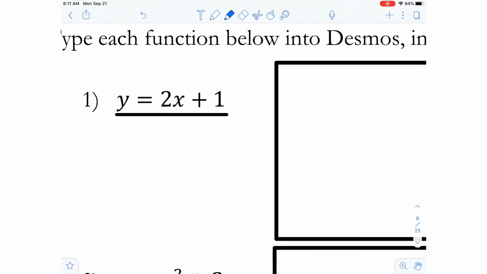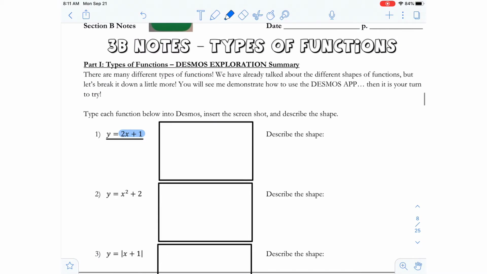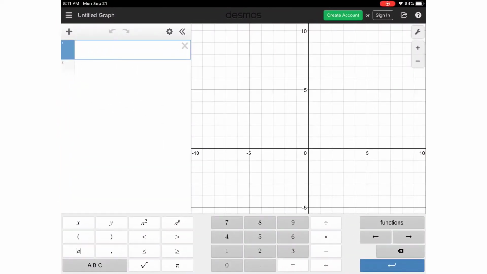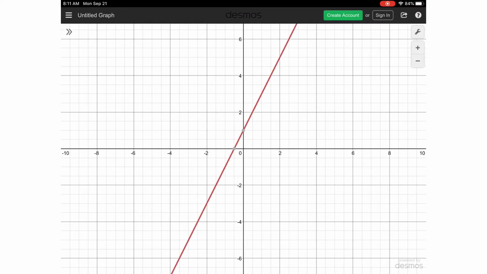When you open Desmos, it should look like this. I am going to type into the box 2x in the top left corner, plus the number 1. As you can see, I have a nice graph, a straight red line.